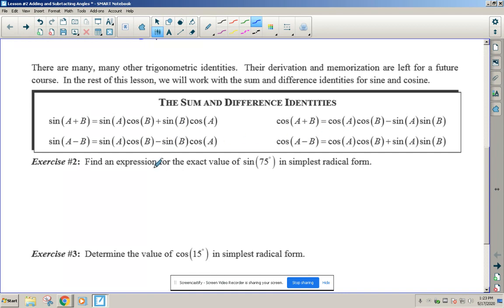So let's take a moment and pull together so many different things that we know. First, the sine of 75 degrees.